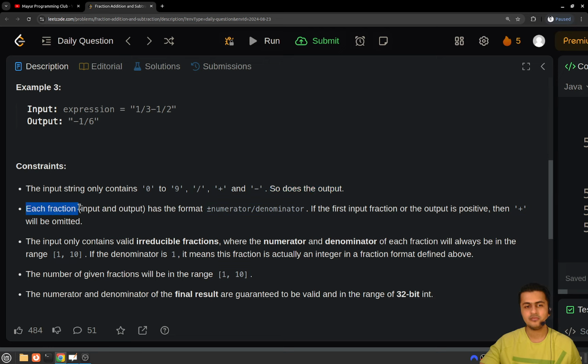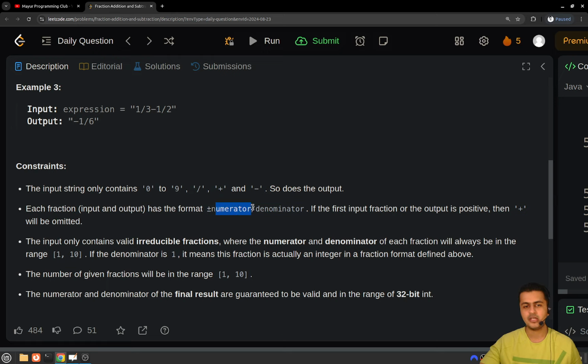Each fraction, input and output, has a format. Each fraction that will be given to you in the string, the whole expression is given to you, is in the format of, firstly, either a positive sign or a negative sign, depending upon the sign of that fraction.